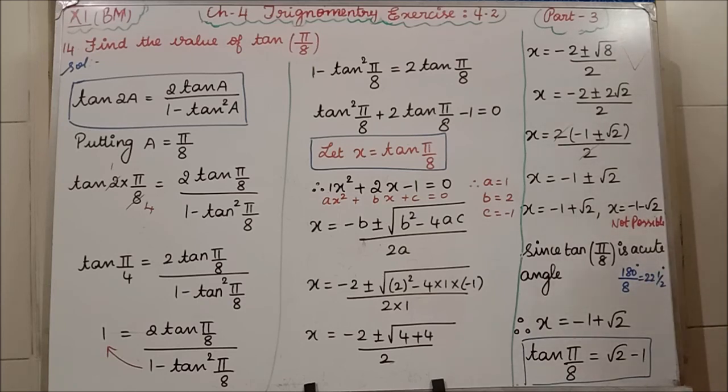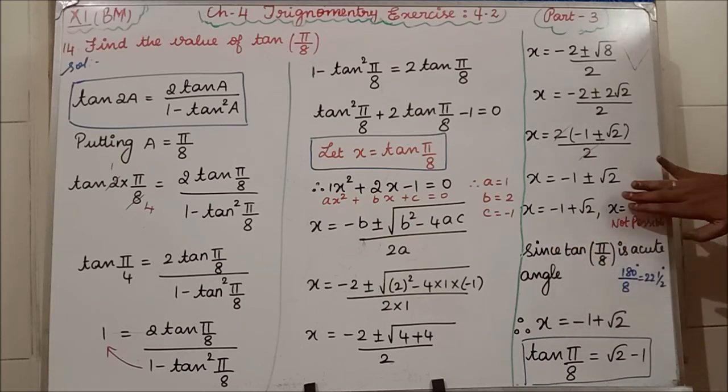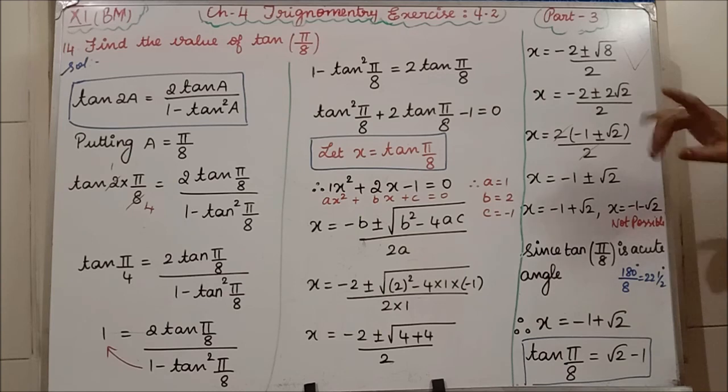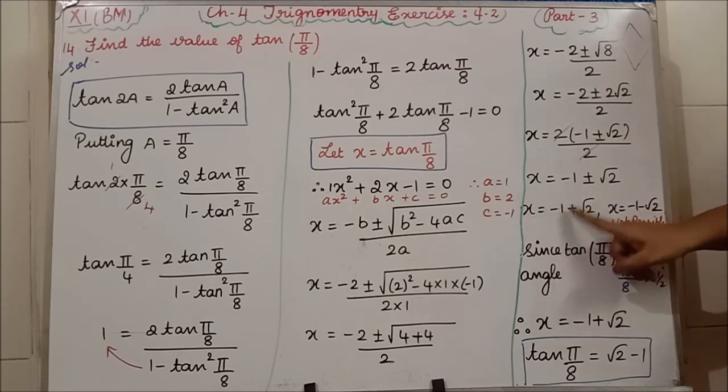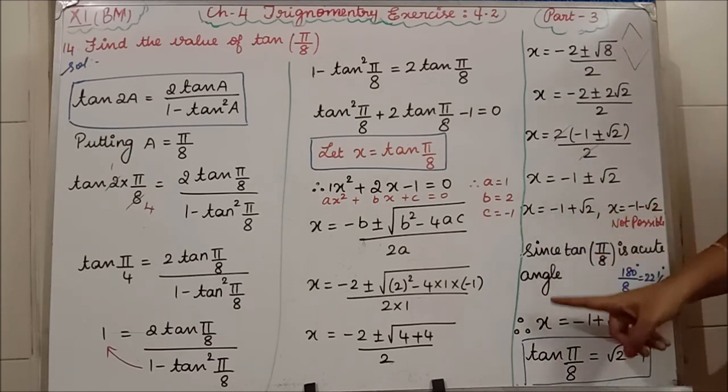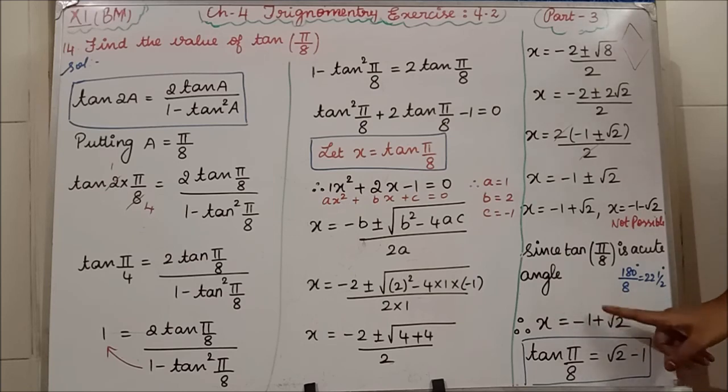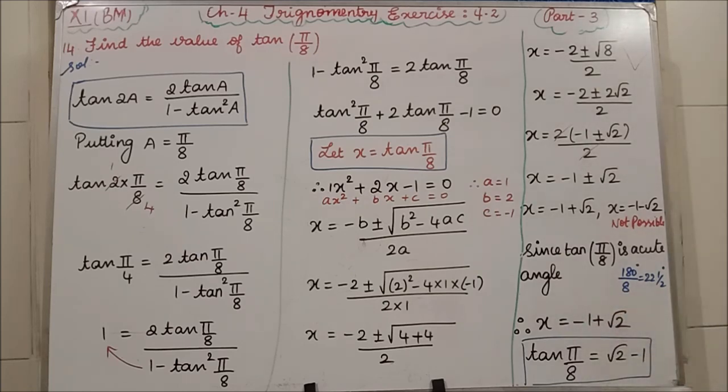In which quadrant does 22 and a half degrees lie? In the first quadrant. First quadrant means 0 to 90 degrees. Is 0 to 90 degrees acute or obtuse? It is an acute angle. So since tan pi by 8 is an acute angle, we are neglecting the negative value and considering only the positive value. Therefore, x equal to minus 1 plus root 2.